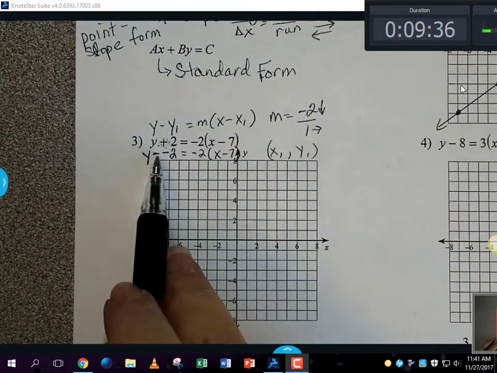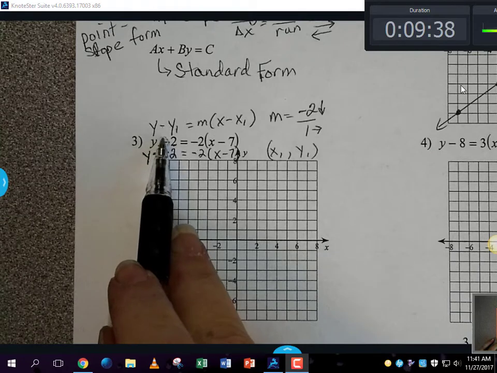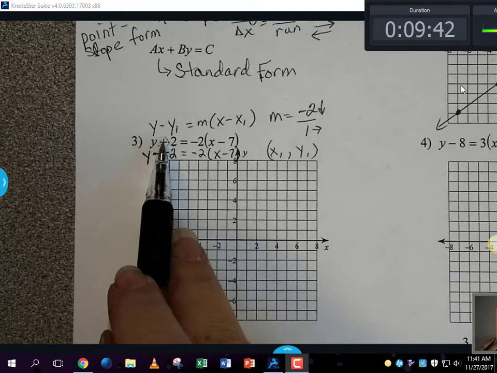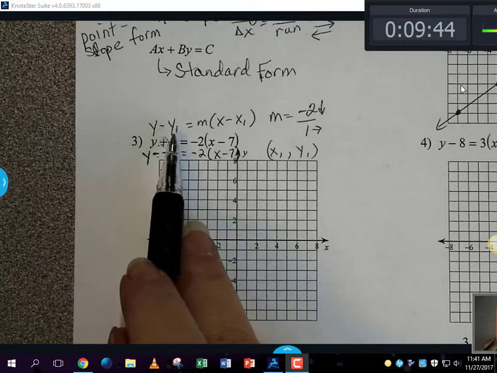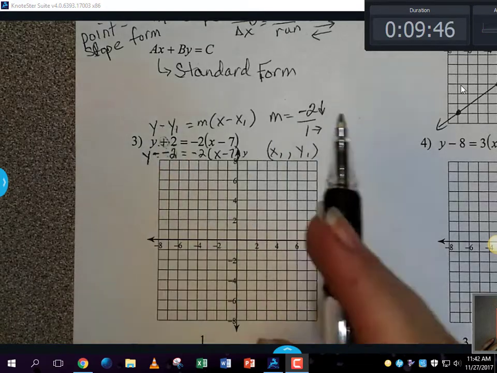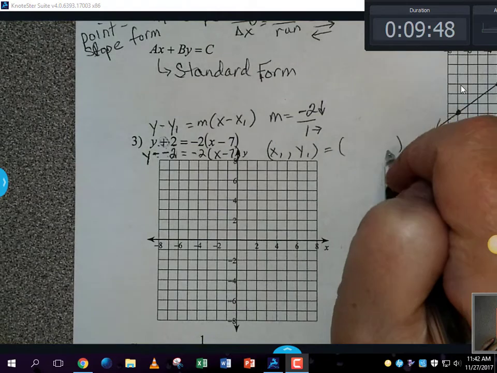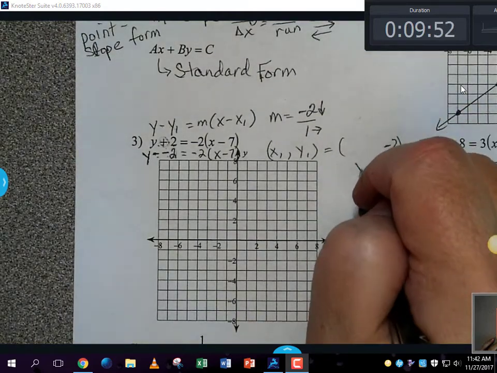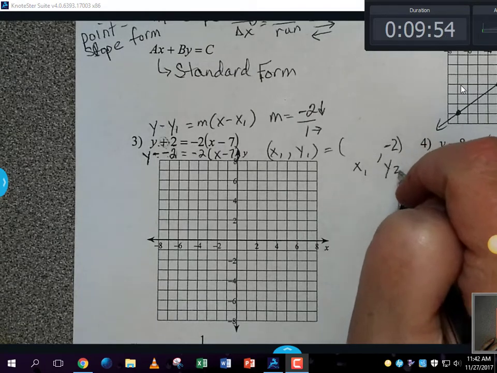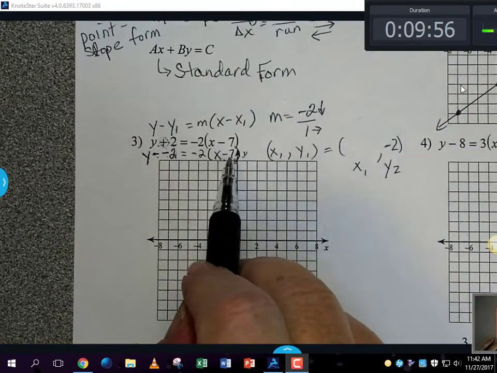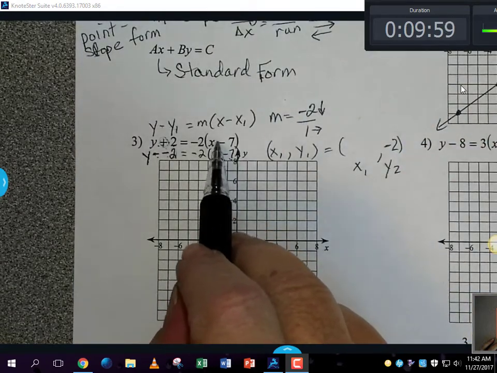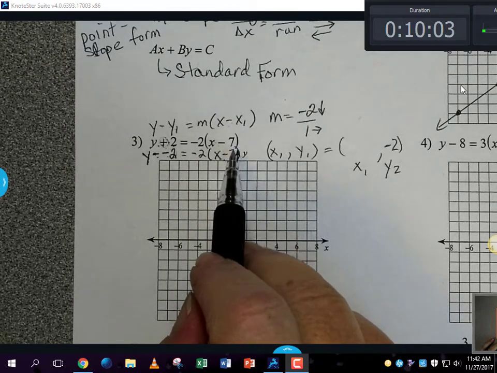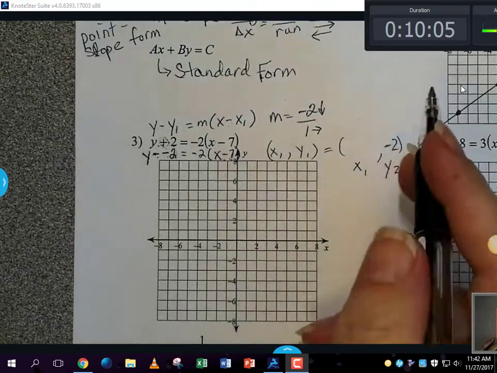So y minus negative 2 is where the plus comes from, because when you subtract a negative, we're really adding it. So in this case, y sub 1 is negative 2. X sub 1, so I ignore the x, I ignore the negative sign, because that's from the template, right? So that means x sub 1 is a positive 7.